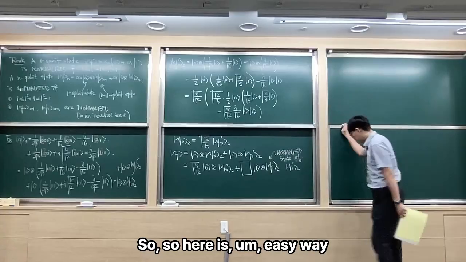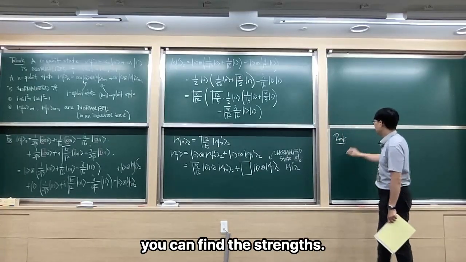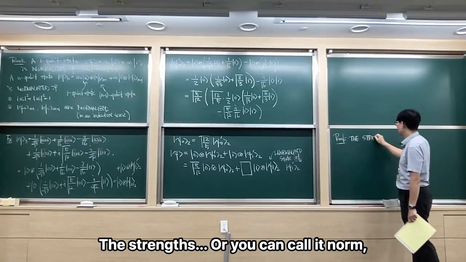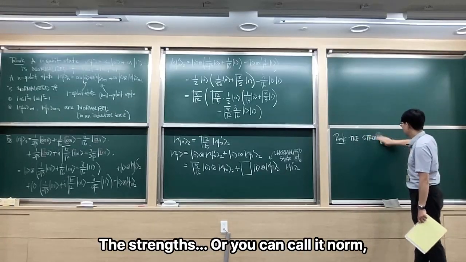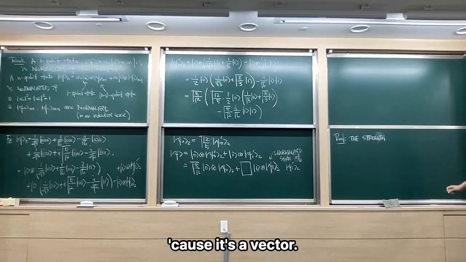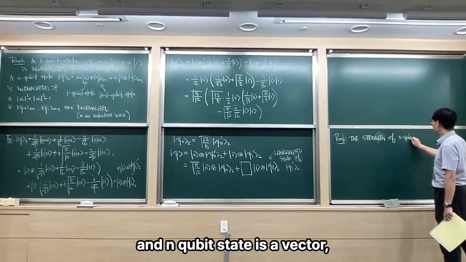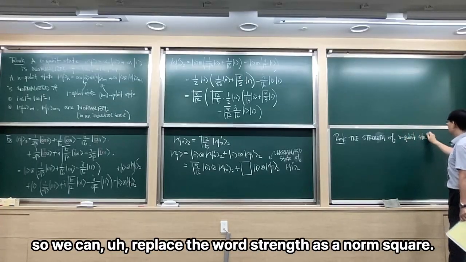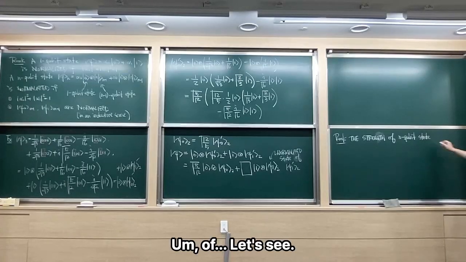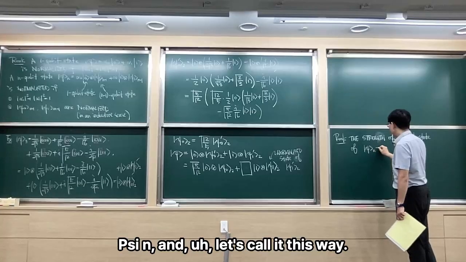Here's an easy way you can find the strength. You can call it the norm because it's a vector. We are talking about an n-qubit state, and an n-qubit state is a vector, so we can replace the word strength with the norm squared of psi n.